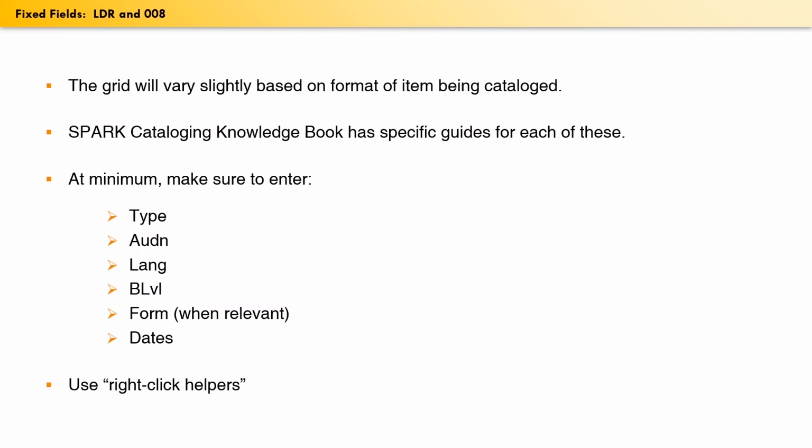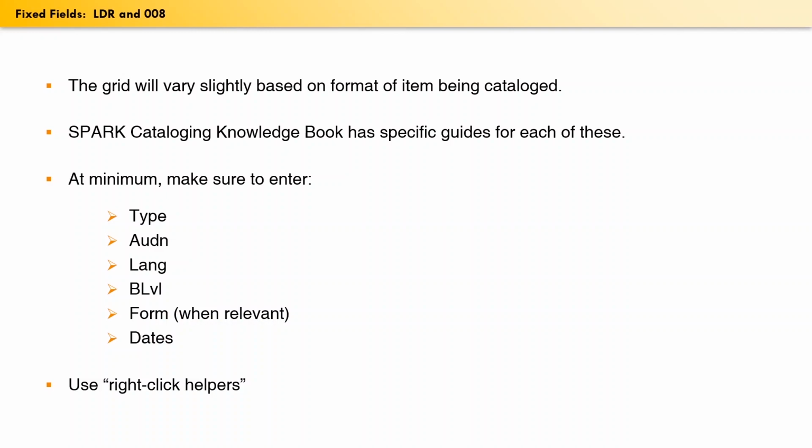All sections of the grid matter to a degree, but some are much more important than others. At the bare minimum, you need to make sure that you take the time to get things right for the type, audience, language, bibliographic level, form, and date or dates.